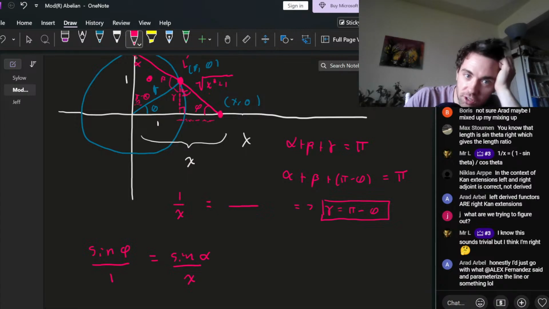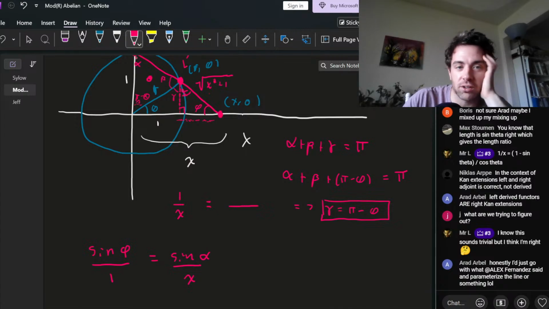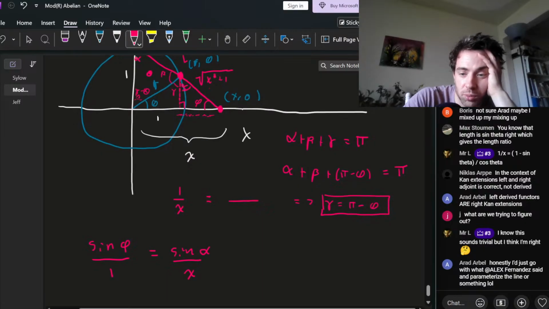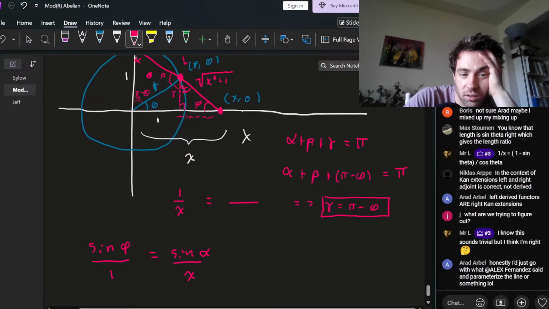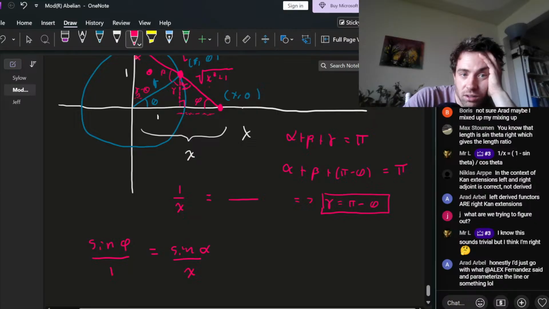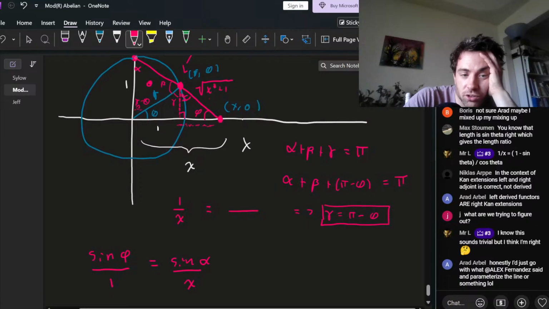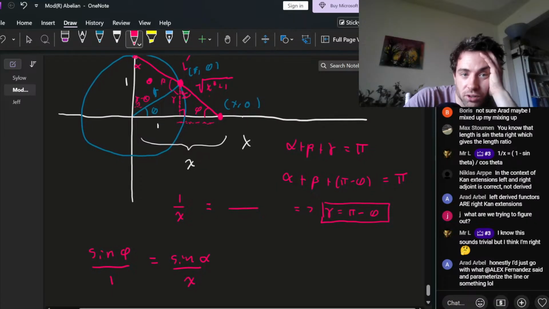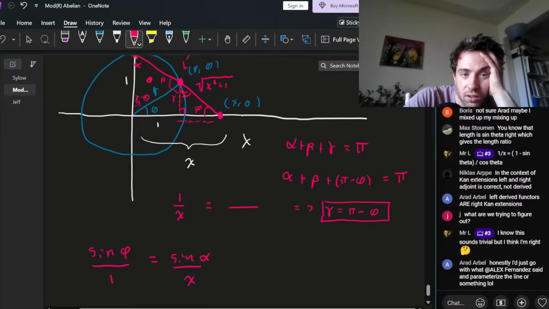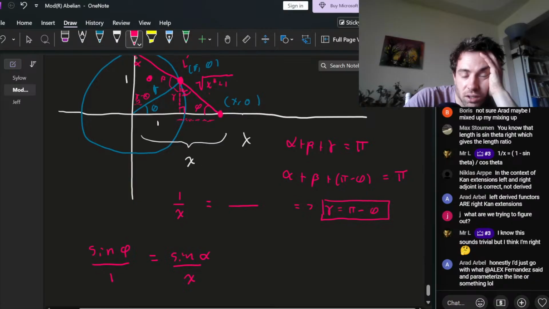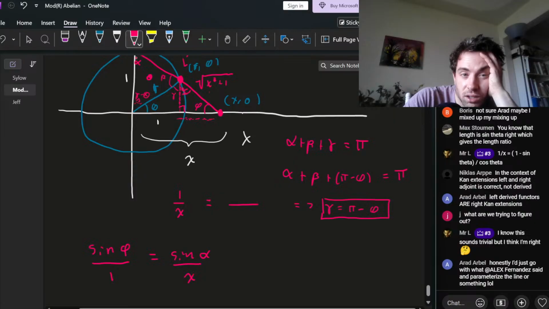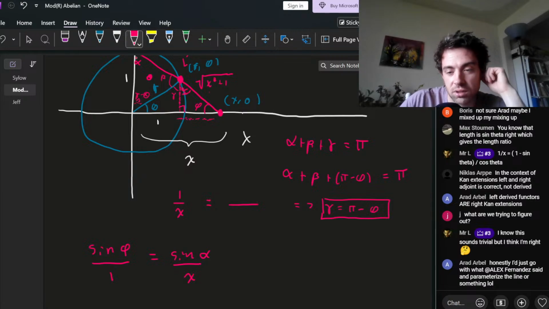Just parameterize the line. Is that really the solution? I don't remember ever working this out by just parameterizing the line. But this does at least tell us how to relate alpha and phi.